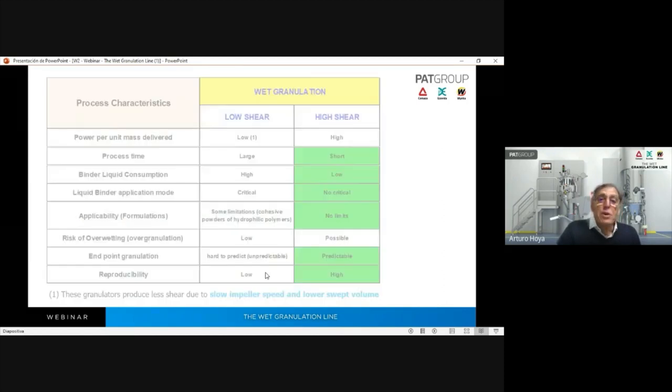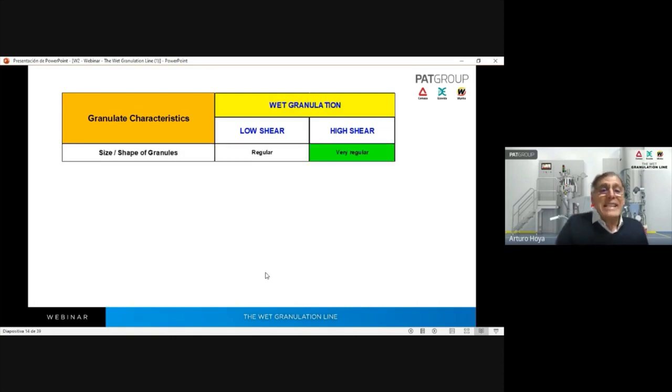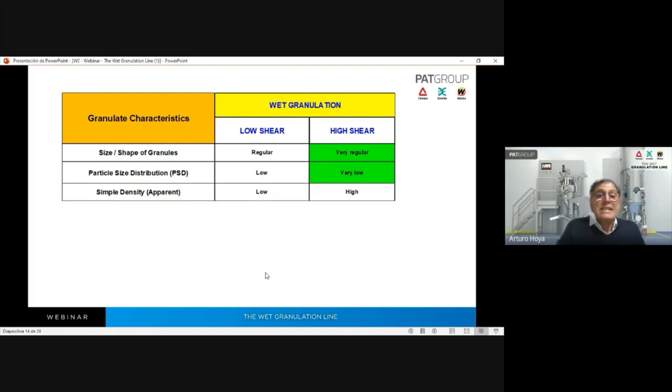Now, I wanted to show you granule characteristics. It's, let's say, the product of the process. Well, the size and shape of the granules when we use low shear is regular, and very regular when you use high shear. Particle size distribution is low in low shear and very low in high shear. That is a good quality. A very low particle size distribution is a very good attribute.